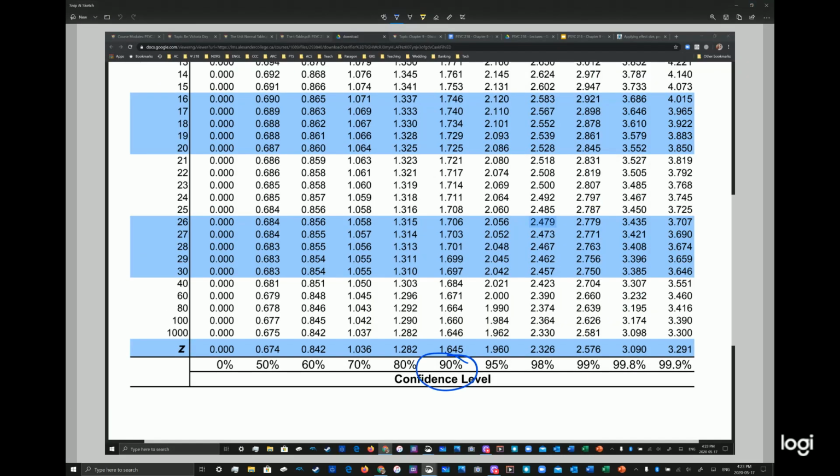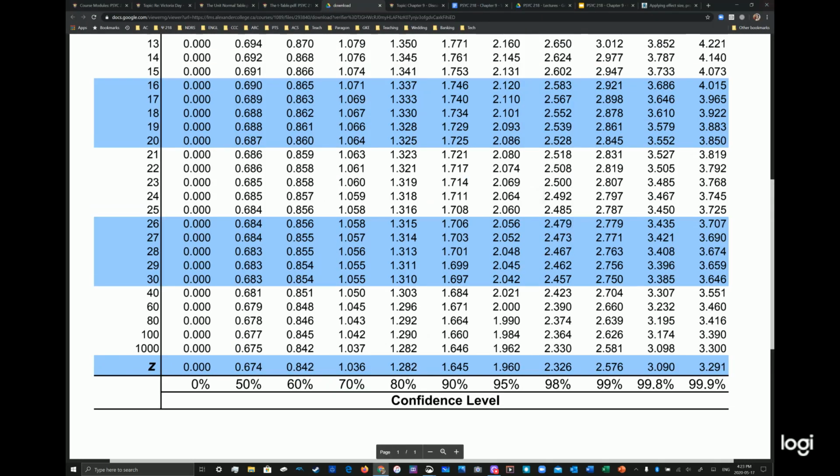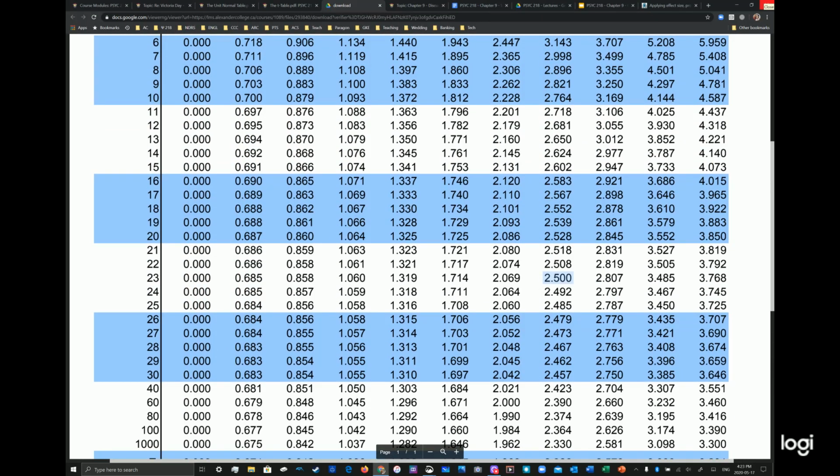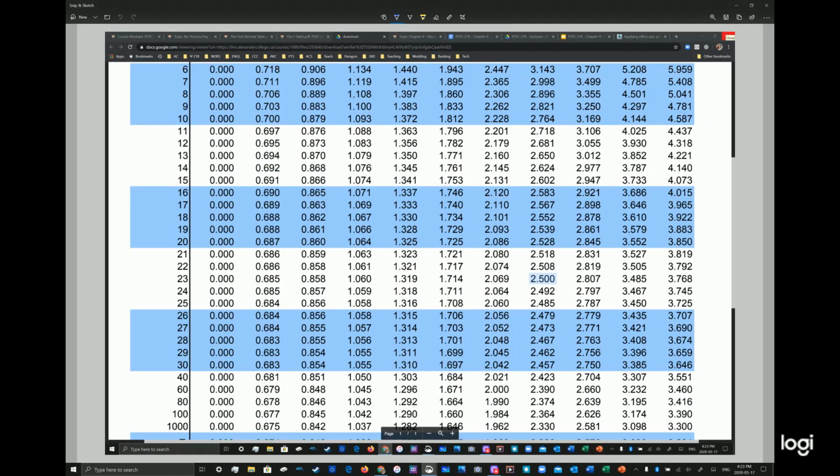So here we can find out what the critical values are. What we're looking for is degrees of freedom of 9 in the 90% confidence interval column. And there you have it, 1.833, plus or minus.